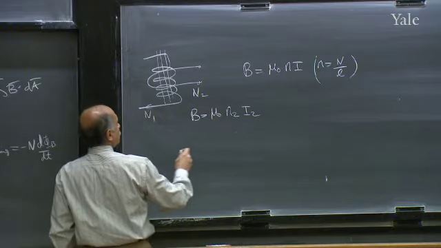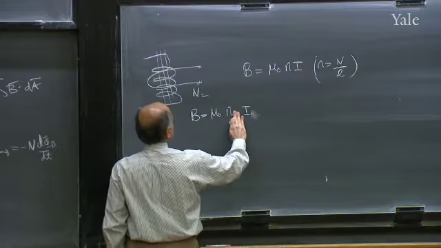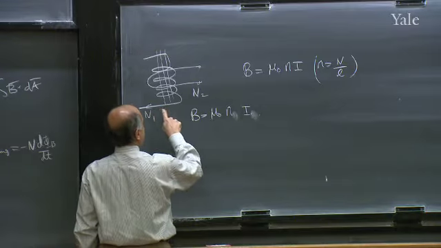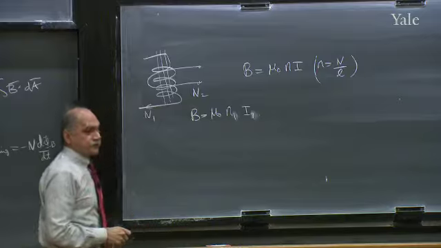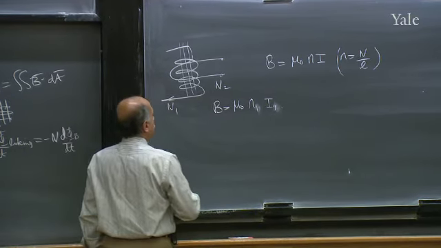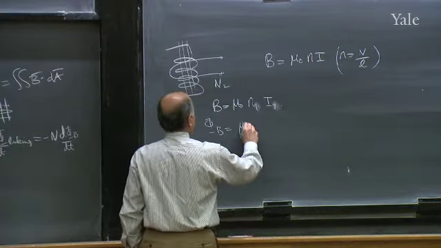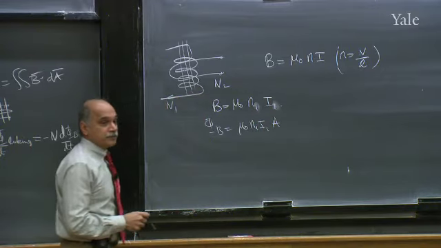Remember, I'm sorry, N2, please, sorry about that one. This is the first wire, this is the first coil, this is N1, I1. And the flux of the magnetic field is mu0 N1 I1 times the cross-sectional area of the coil.